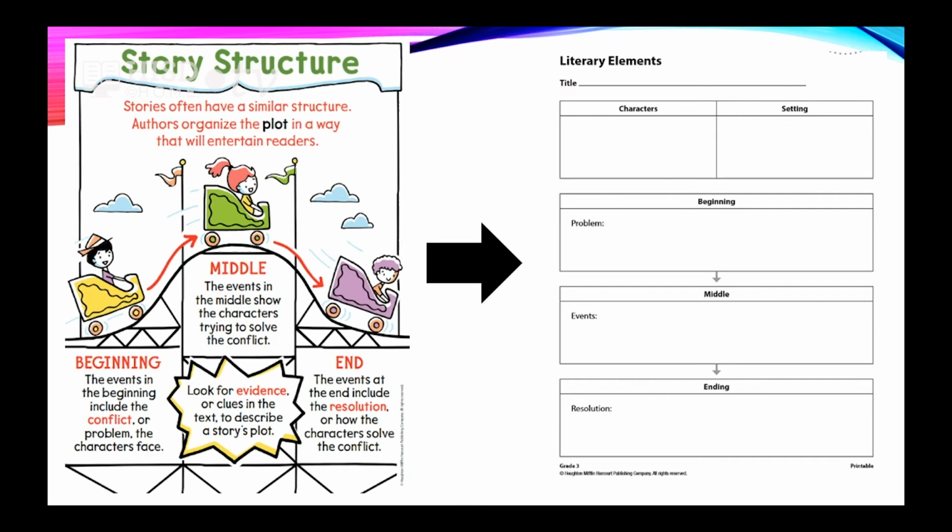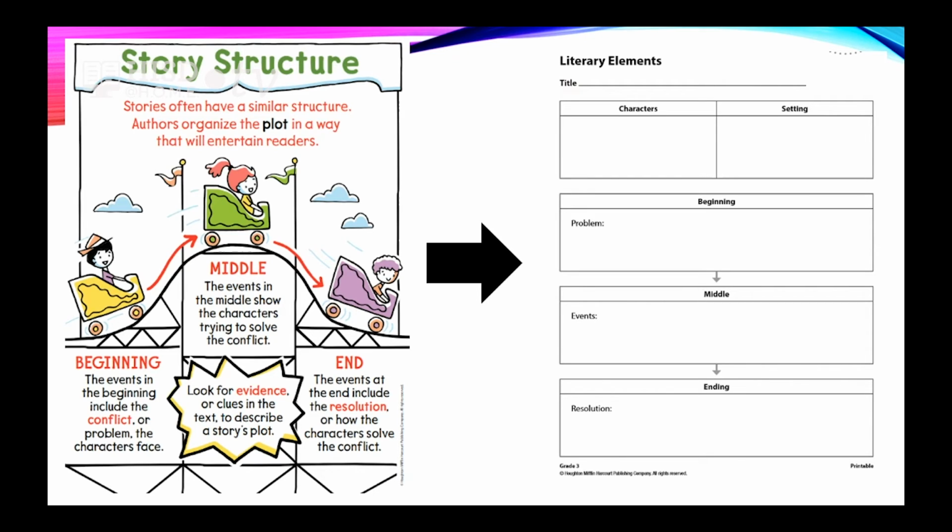Today we're looking at story structure. Stories often have a similar structure. The authors organize the plot in the way that will entertain us as the readers. So in the beginning, the events include the conflict or the problem that the characters face. Then in the middle, we have events that show how the character is trying to solve that conflict.